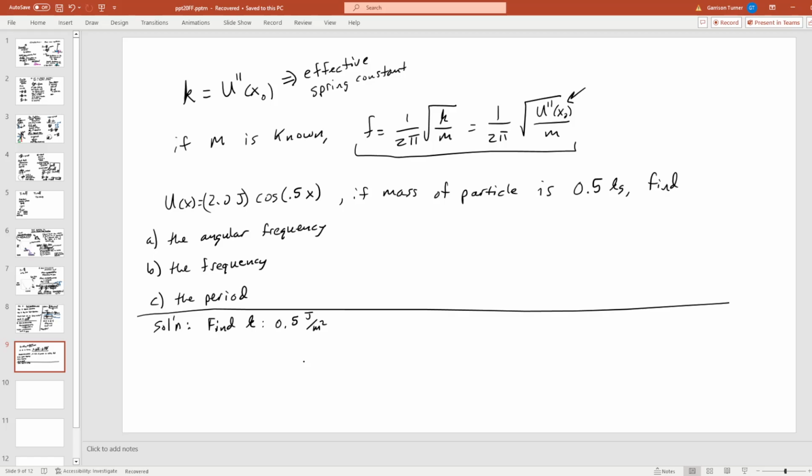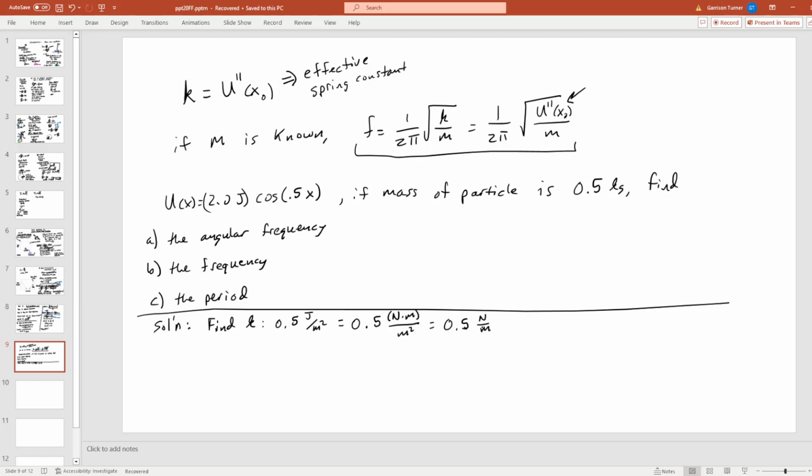Okay. And joules per meter squared, joules is force times distance, or newtons times meters. Which gives you 0.5 newtons per meter.